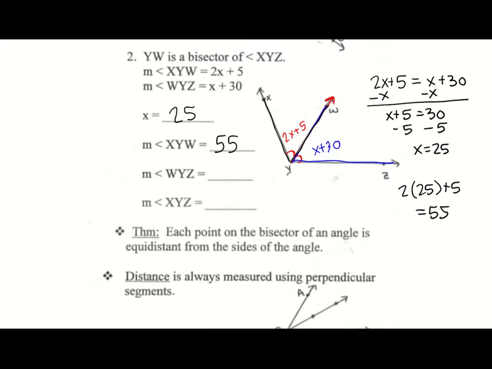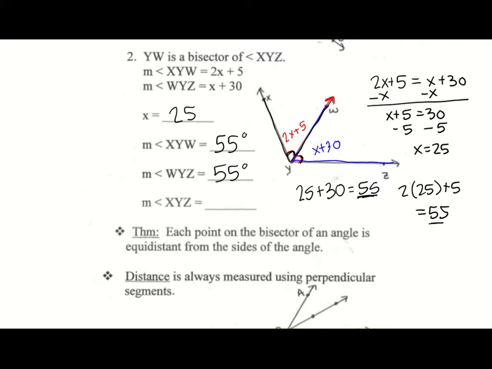Then for WYZ, I know that piece is x plus 30. If x is 25, I get 25 plus 30 equals 55. I could have just known it was 55, knowing that these two pieces are equal, but this is a good way to check that I got the right answer.